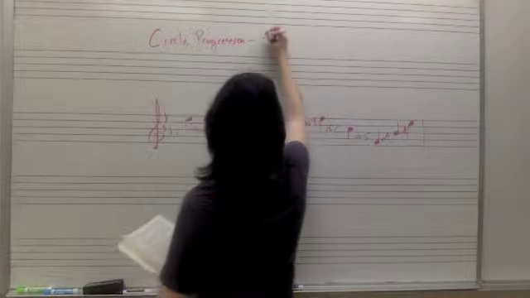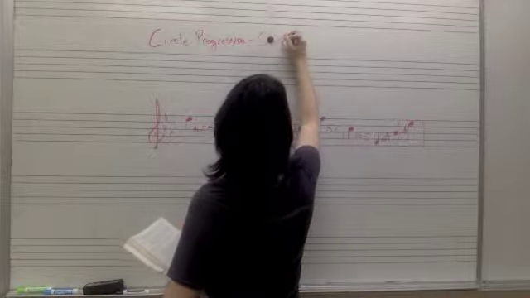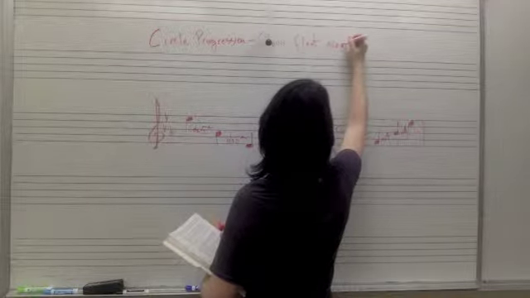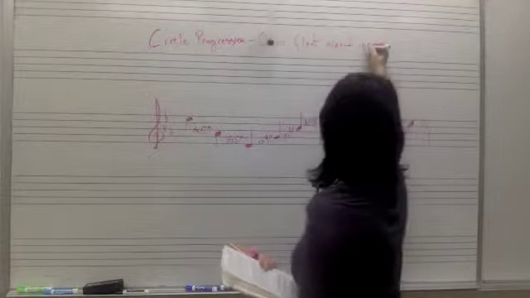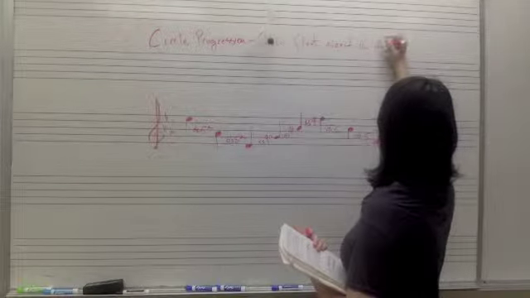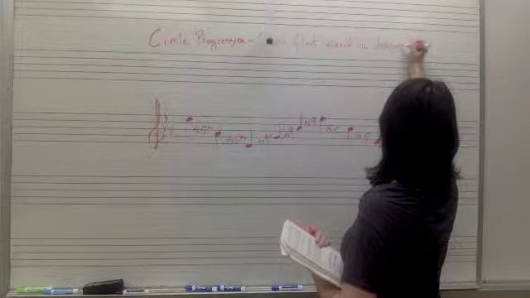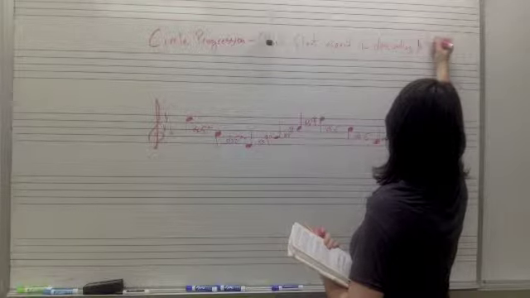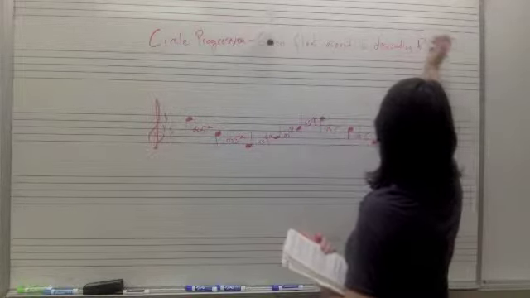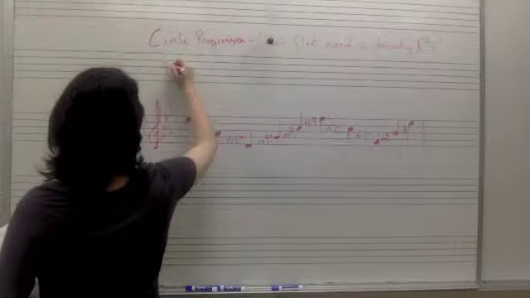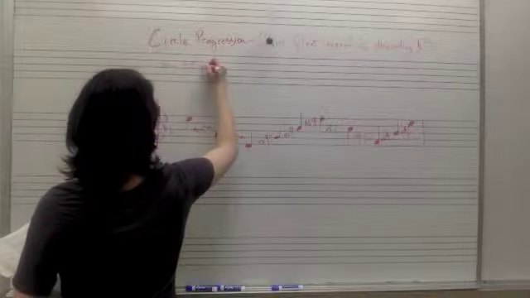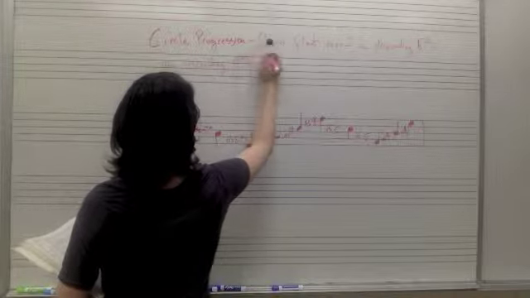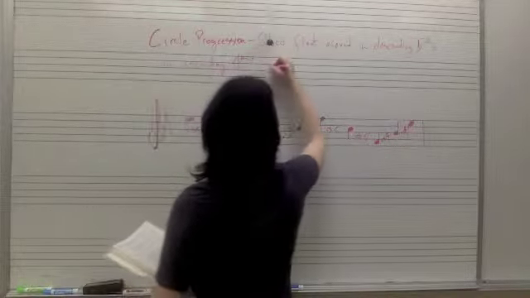So basically chords float around in descending fifths and ascending fourths until we come back to tonic.